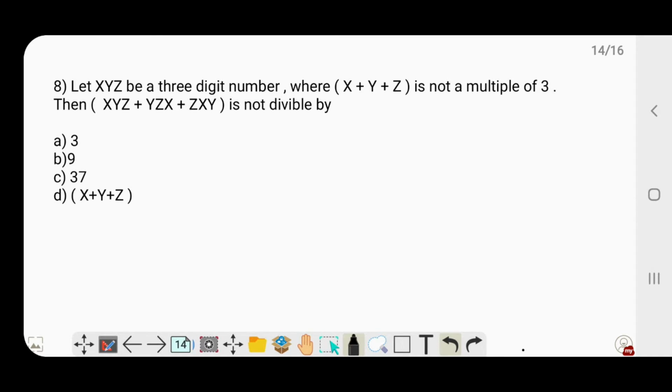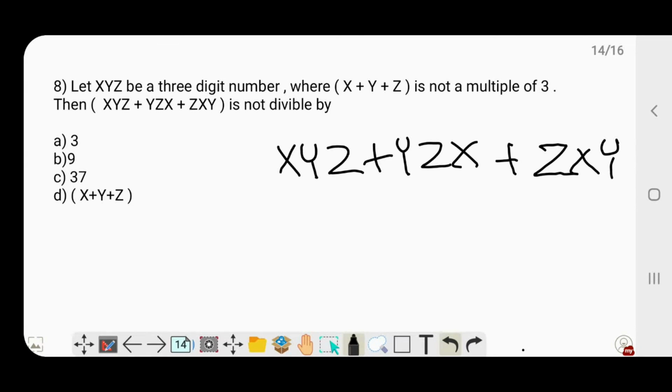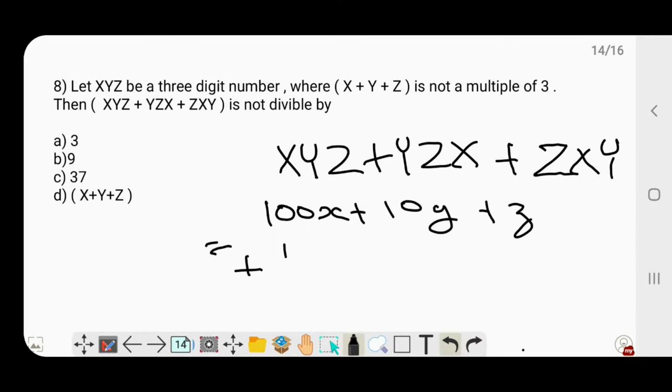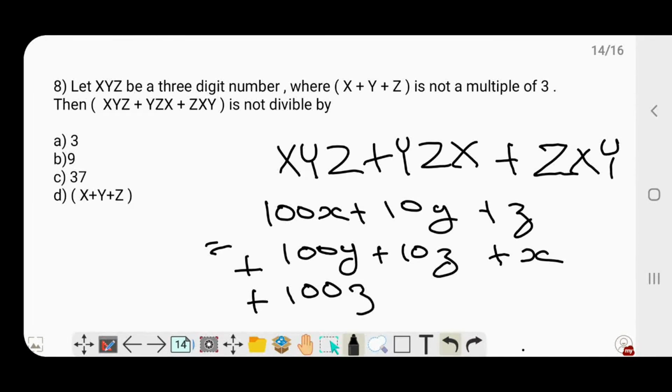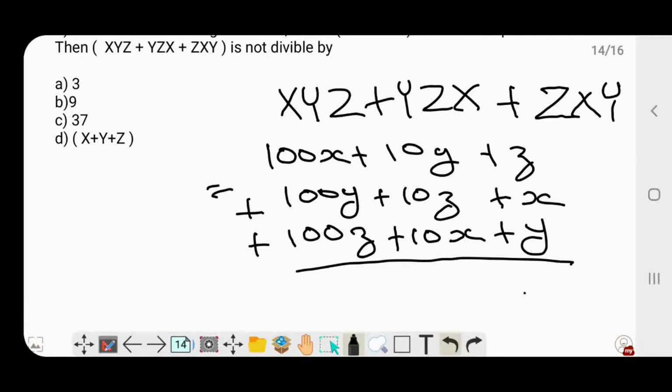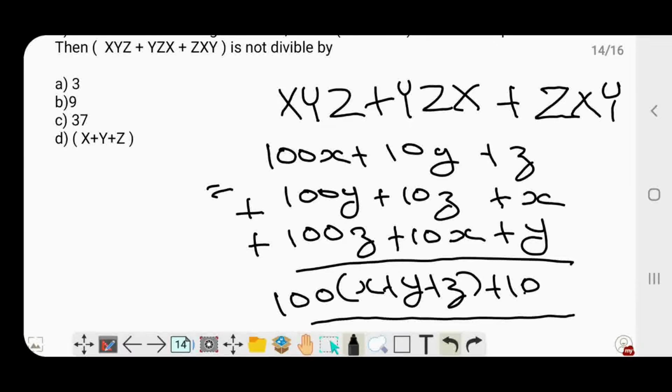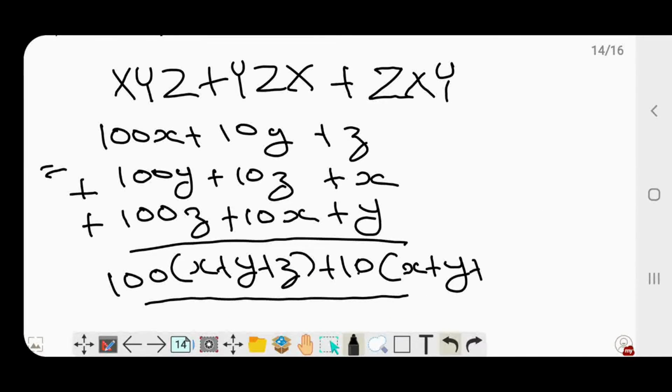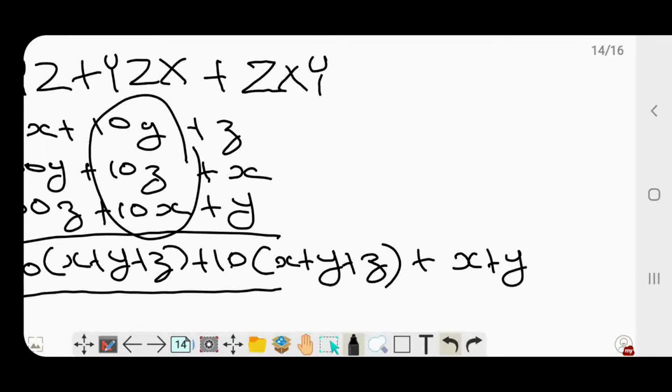So when I say xyz plus yzx plus zxy, this is nothing but 100x plus 10y plus z, plus 100y plus 10z plus x, plus 100z plus 10x plus y, which in turn is nothing but 100 into (x plus y plus z) plus 10 into (x plus y plus z), plus x plus y plus z.